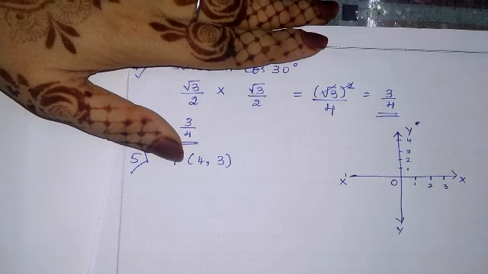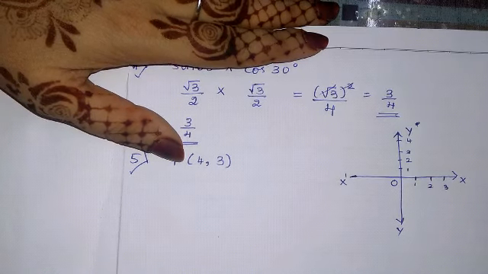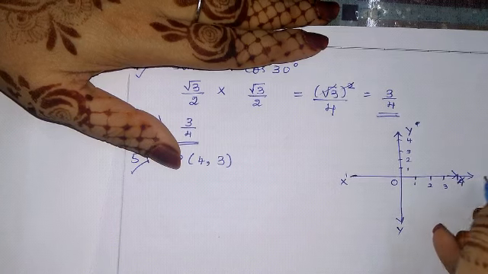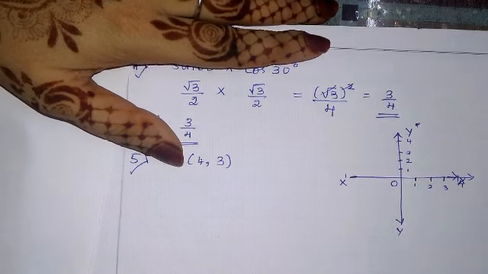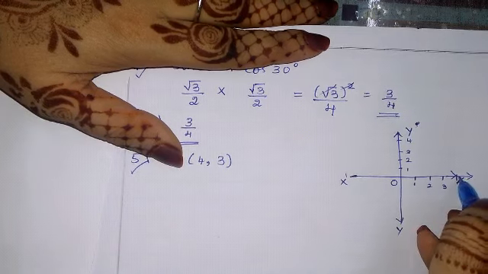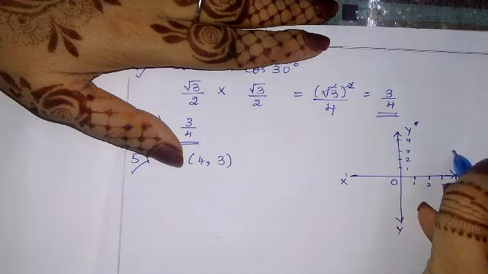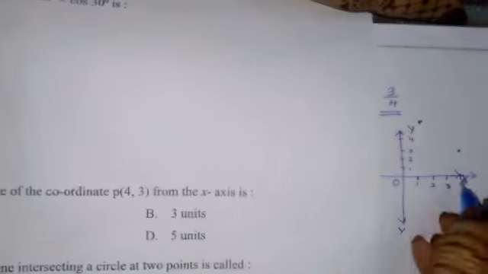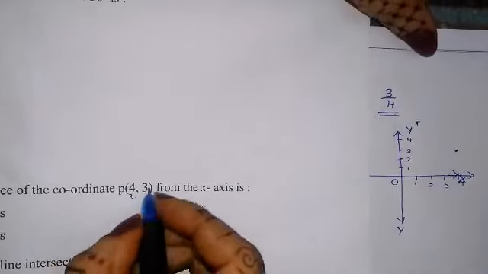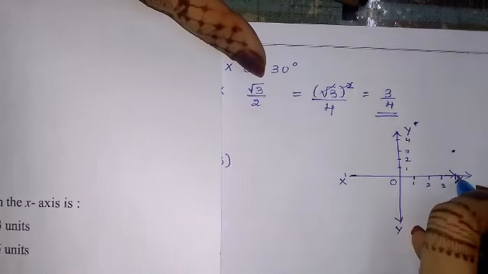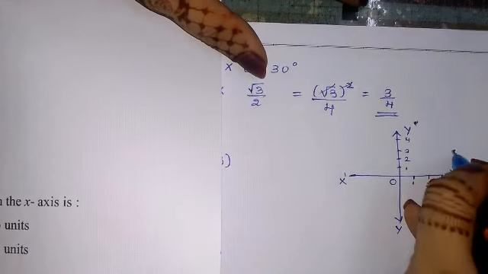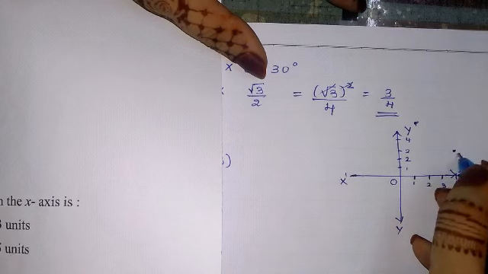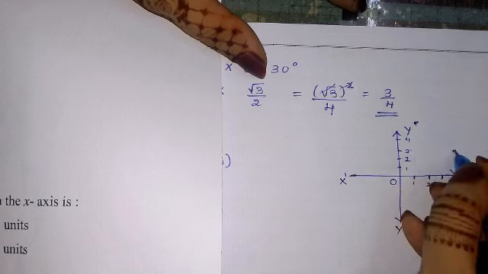Now from the point, let me draw. This is 4. What they have asked, coordinate 4, 3: x is 4, y is 3. This is P(4, 3). This is the x term, this is the y term. From the x-axis, how much is the distance? 3 units.